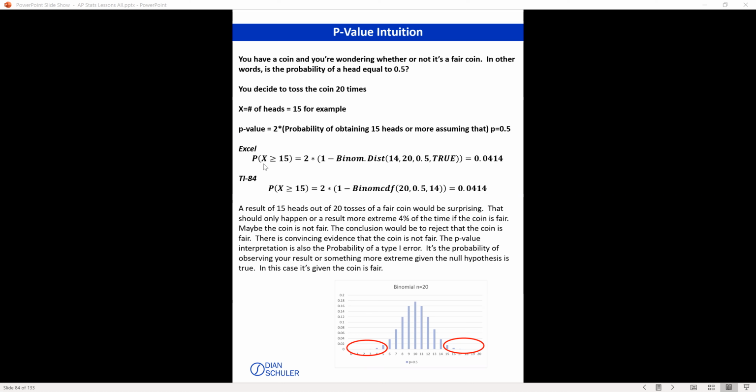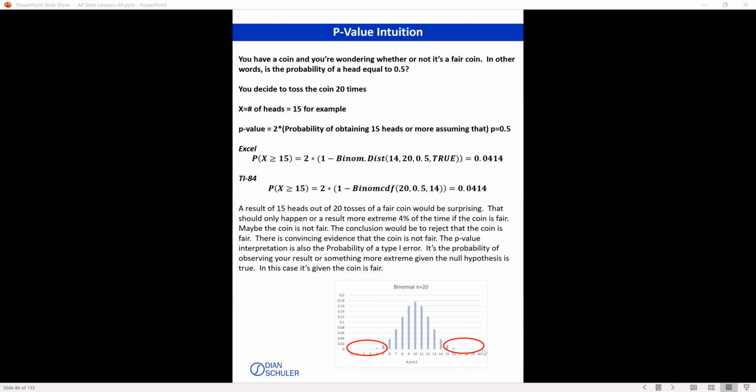So the way we do that, if we're doing it in Excel, we would say for the probability that X is greater than or equal to 15, that would be 2 times, and since the Excel function and also the TI-84 only give us the less than or equal to, if we just put in 15 out of 20, it would give us the probabilities, including 15, but all the way to the left.